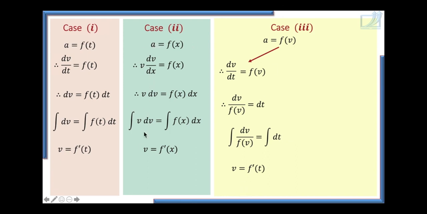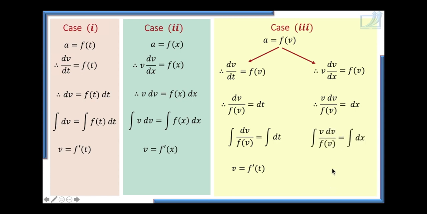Integrate acceleration, you will get velocity, integrate velocity, you will get position. But here you may replace acceleration by v dv by dx, so that by integration you will get the relation between velocity and position.